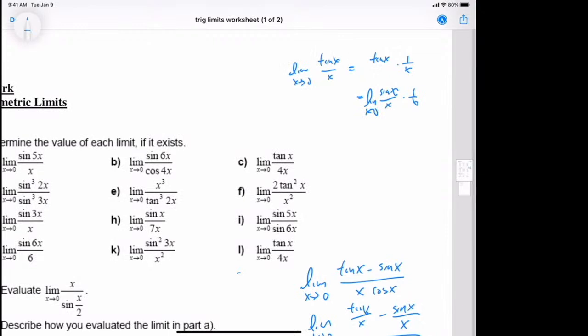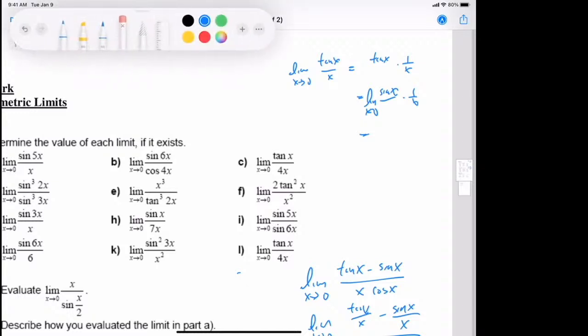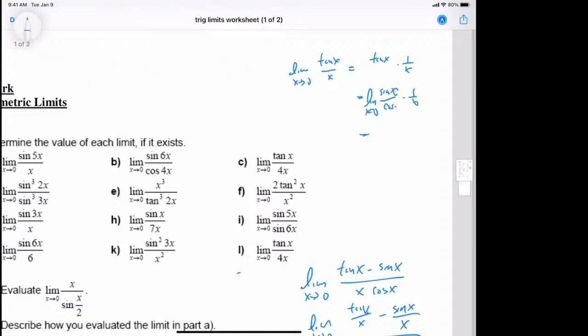And we talked about this being a cosine of x, and we say this can switch places. So it'd be sine of x over x times 1 over cosine of x. Does that make sense so far?